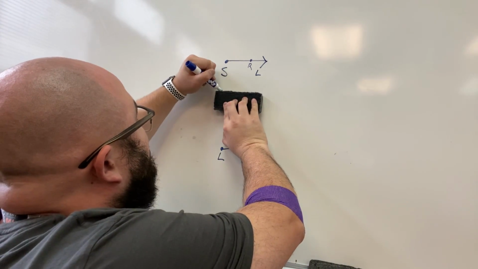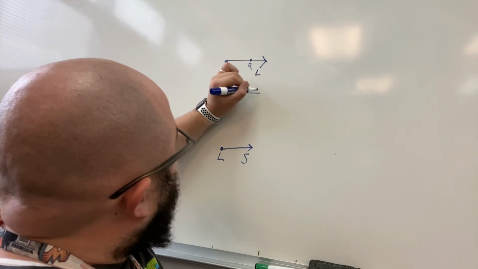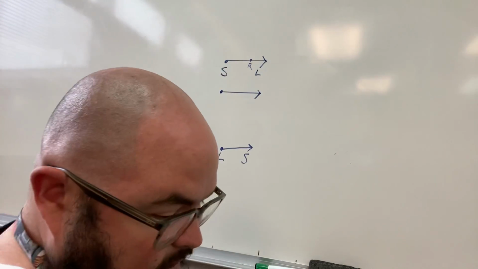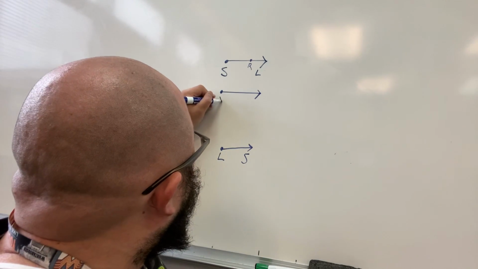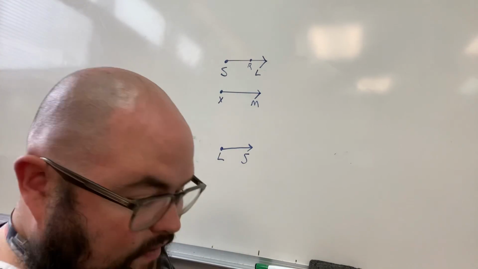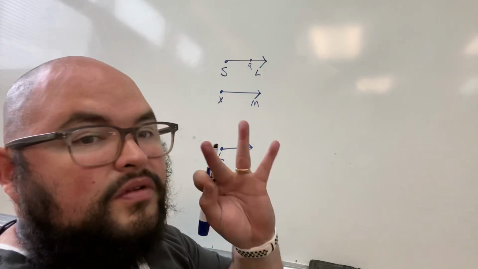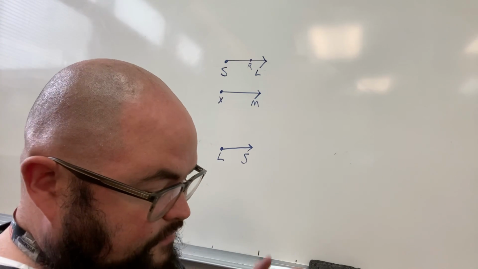So here's my straight edge. I'm going to make it into a ray like that. I want to label it XM. Have I completed problem 3? Yes, I have. All right.